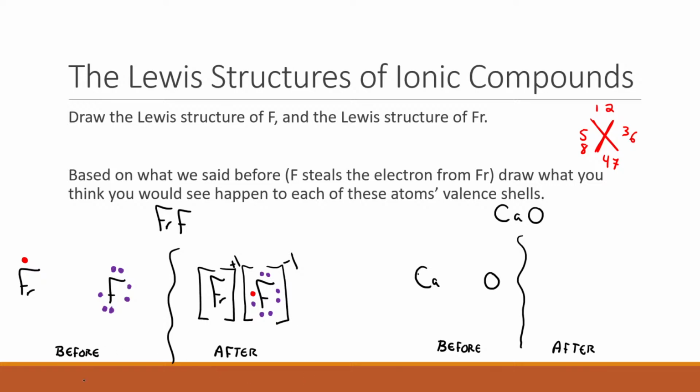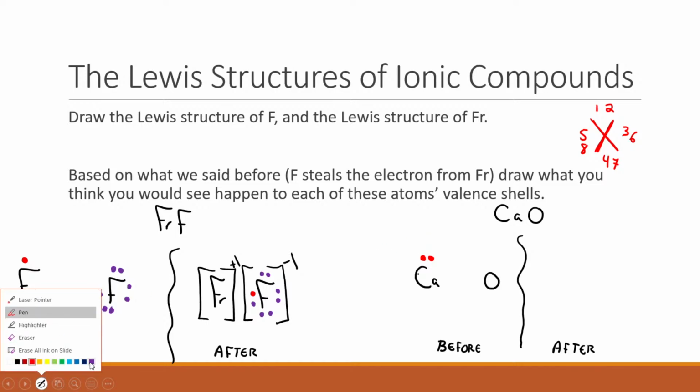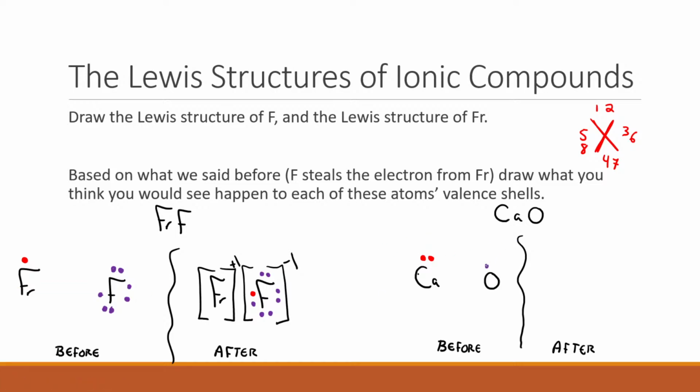Let's take a look at these two elements here. Calcium has 2 valence electrons, which both are going to go on top, following our diagram from before, right? Following our template. On the other hand, oxygen has 6 valence electrons, which are going to fill in along the sides like so. These are our before pictures.